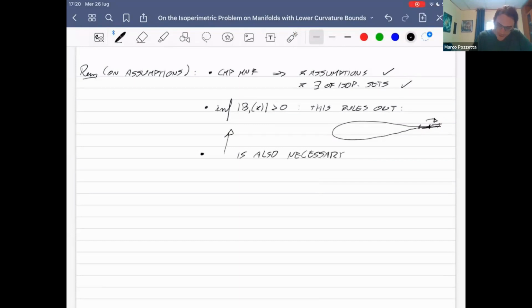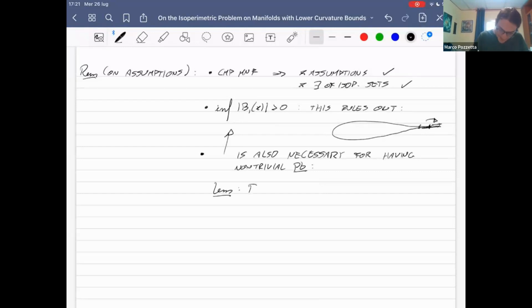But necessary for what? For having a non-trivial isoperimetric problem. What I mean by non-trivial problem is that one can prove the following lemma.